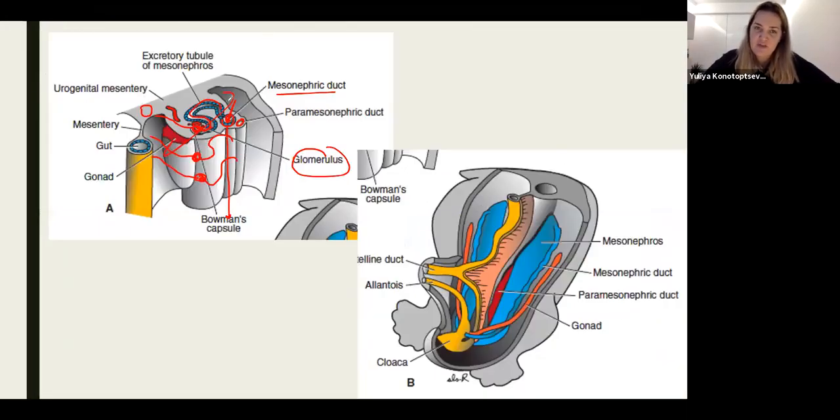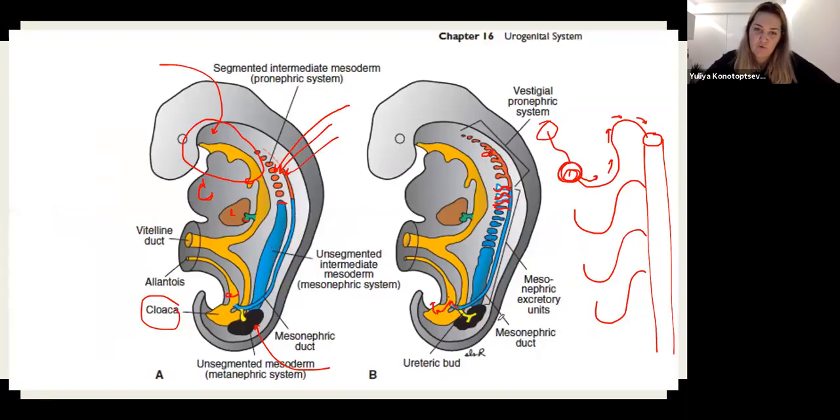So a super important question. Why do mesonephros die? What do you think? So here is the overview for you. What's the difference between mesonephros and metanephros?